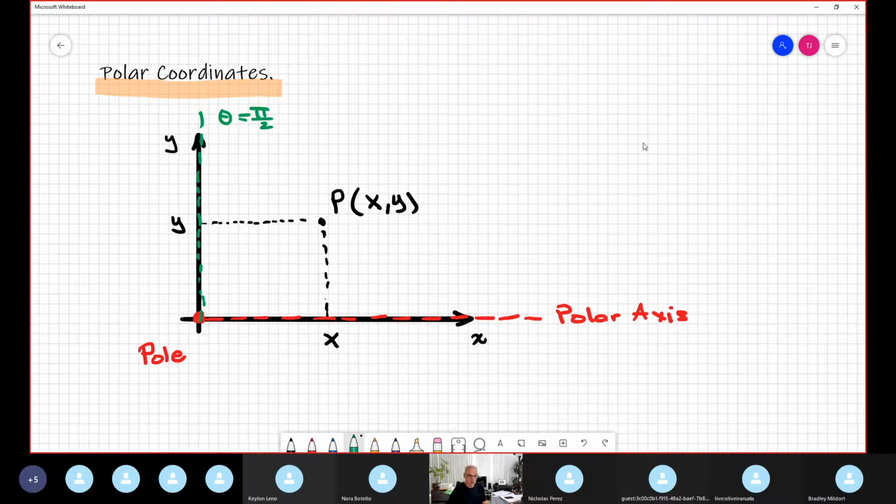Now the important thing in polar is the segment connecting the pole and the point. This segment is called R. And this angle, measured from the x-axis, the polar axis, is theta. And you assign this like R, theta. So this is the new.